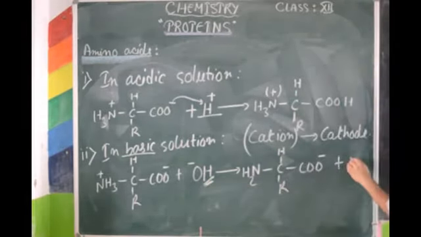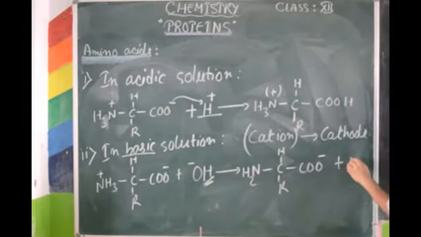Now here you can see that in basic solution, this amino acid is existing as a negative ion. That is, it is an anion. You have to remember this. This is very important. Now this anion, during electrolysis, where will it migrate? It will migrate to the anode.